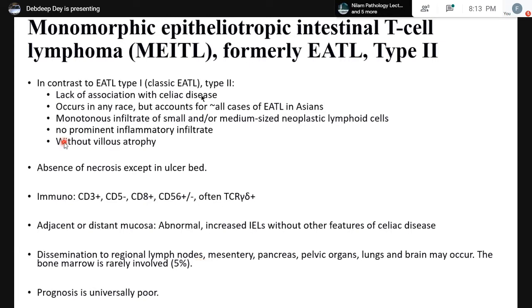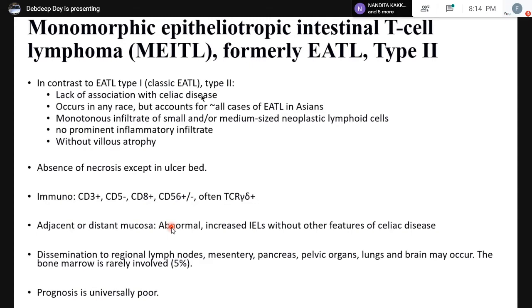There will be absence of necrosis, except necrosis may be present in the superficial area, but not a transmural. And it is characterized by CD3 positive, CD5 negative, CD8 positive, and CD56 is also positive. And your prognosis is poor, and dissemination to regional lymph nodes, mesentery, pancreas, pelvic organs, lungs, or brain may be occurring.